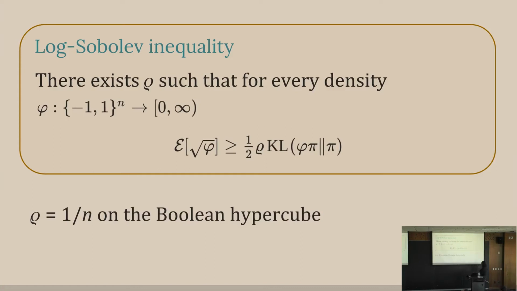The log-Sobolev inequality compares the energy and the KL divergence of the function. The energy is: we're picking a random edge and looking at the difference of the function on the two ends of the edge.